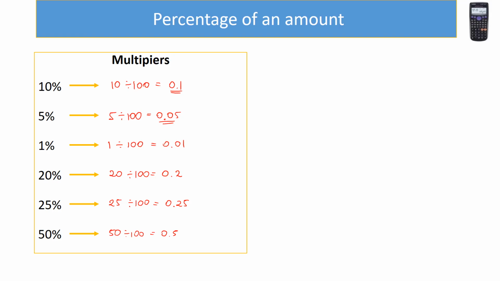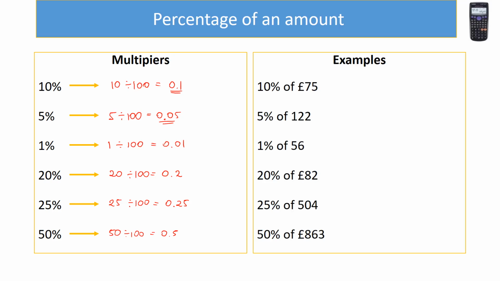Okay, so let's see how it works in practice. If I want to work out 10% of 75, what I can do on my calculator, remember that you need to use the multiplier, so that's 10 divided by 100, which is 0.1.